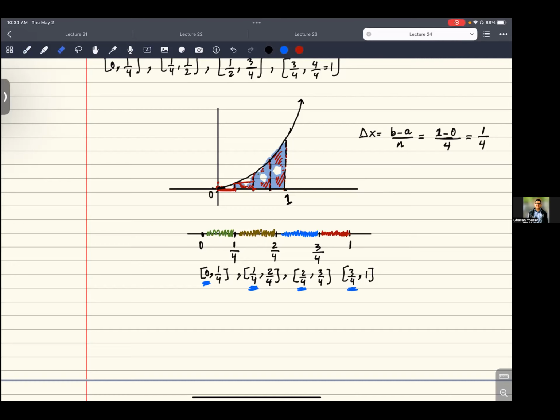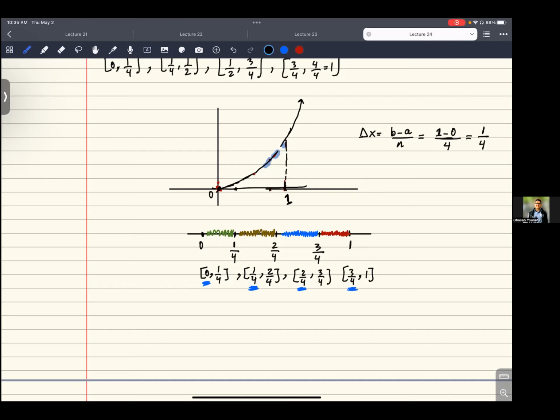So let me clean it to show you exactly what I did. Here's 1. Here is 0. So this is the first. Here, I can divide it. This is the first point.